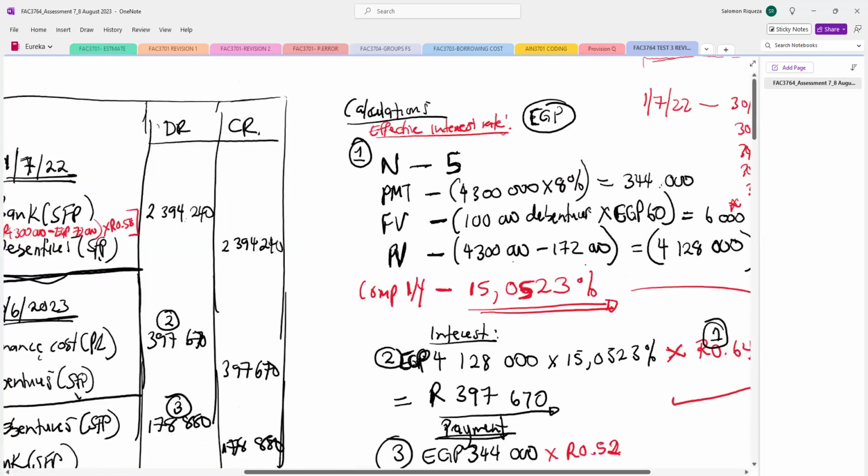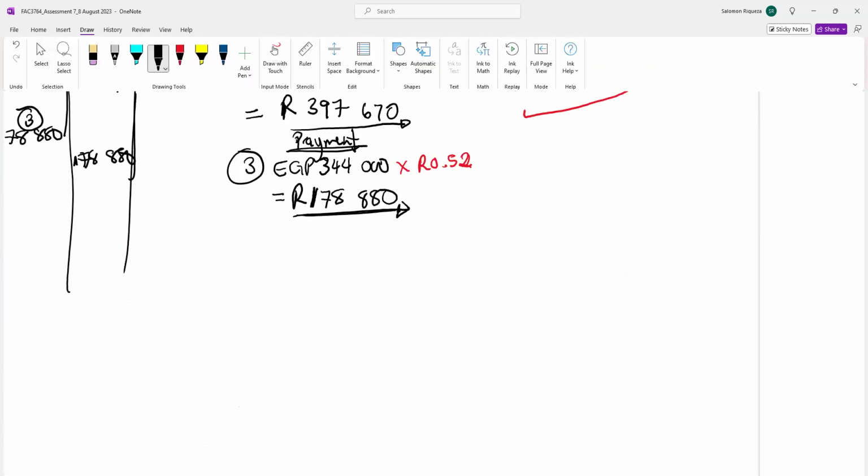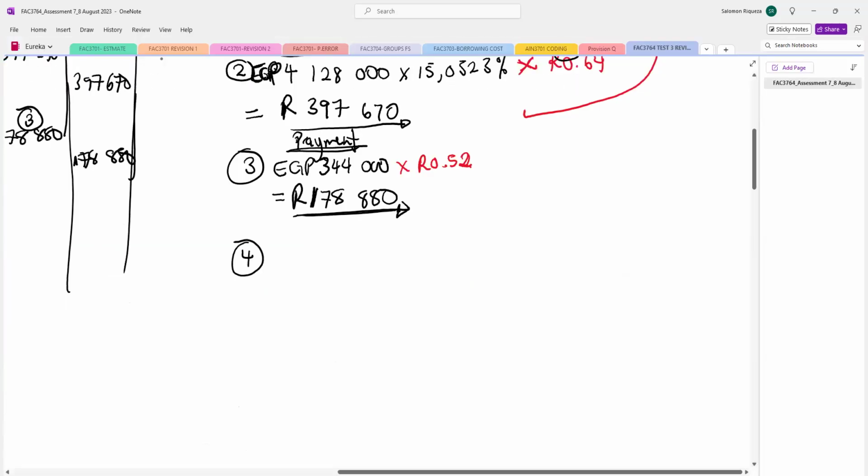Let me just do the timeline before I even move on. So I'm going to call this calculation number 4. Calculation number 4, this is my effect of changes in foreign exchange transaction.